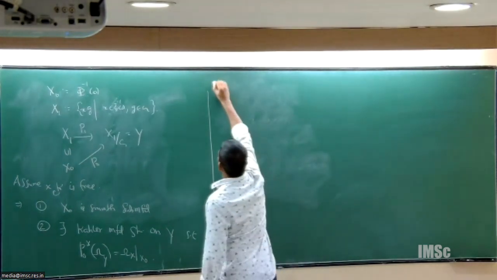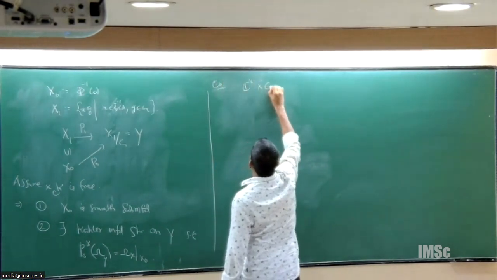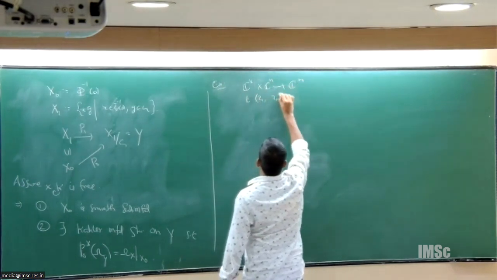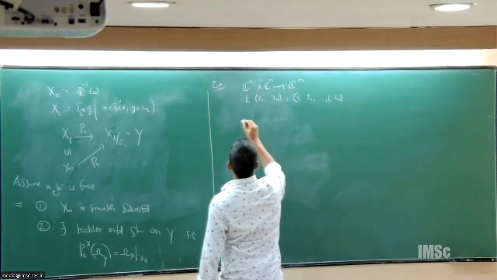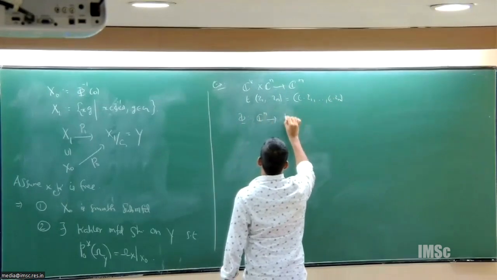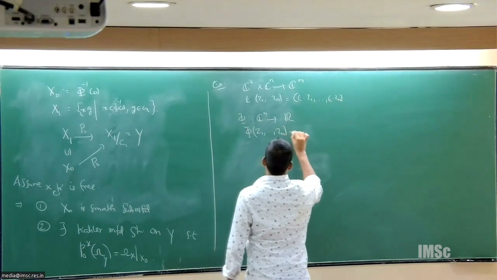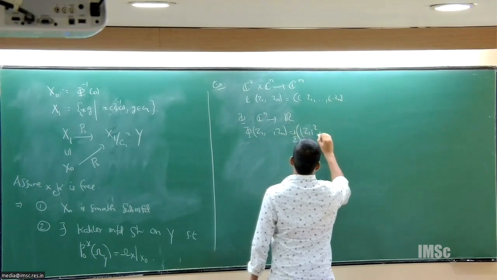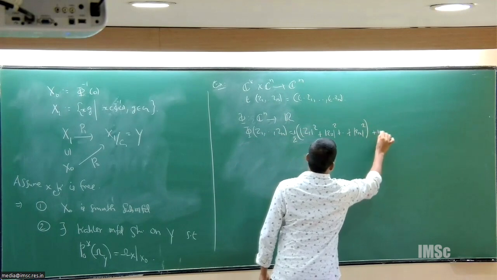For example, we have a C star action on Cn, the usual action. Then the moment map here is minus 1 by 2 modulus of Z1 square plus modulus of Z2 square and so on, minus 1 by 2.